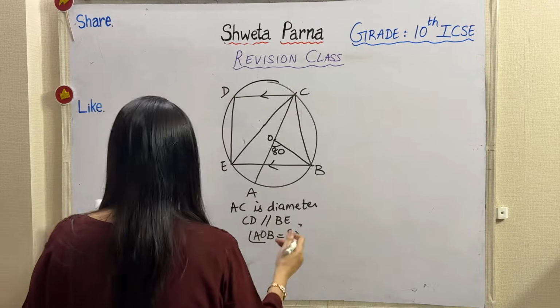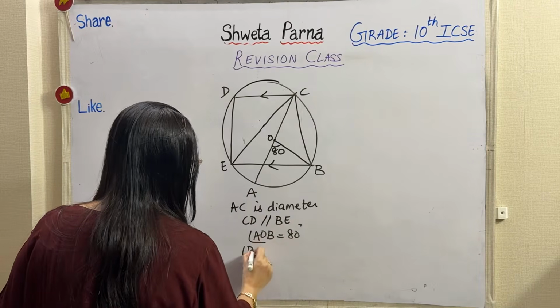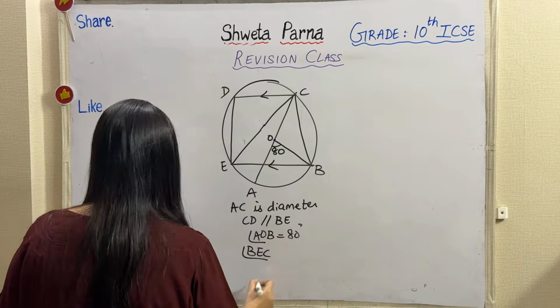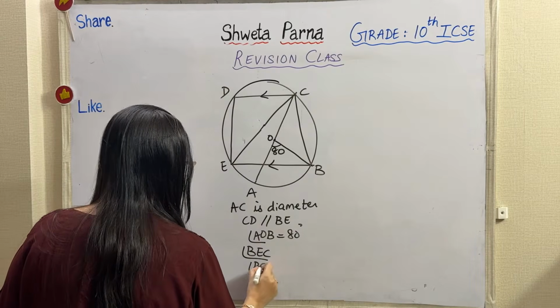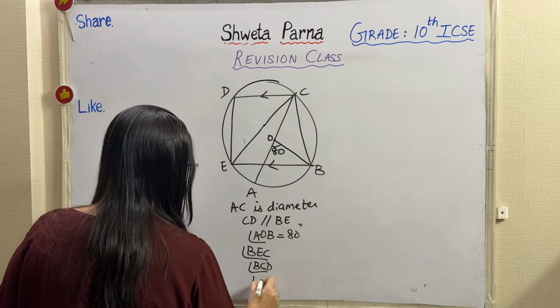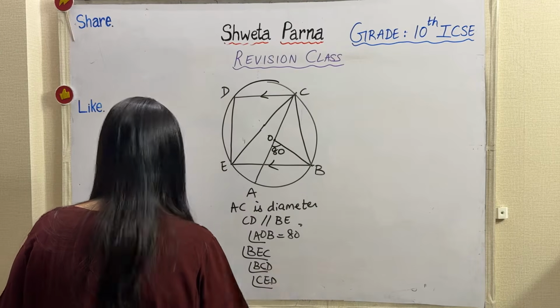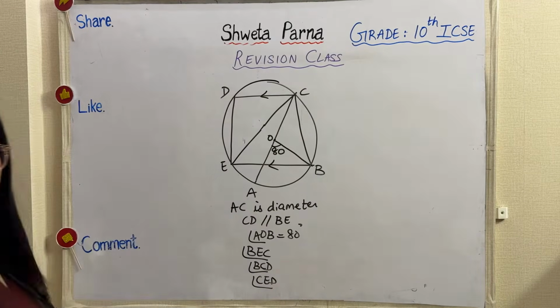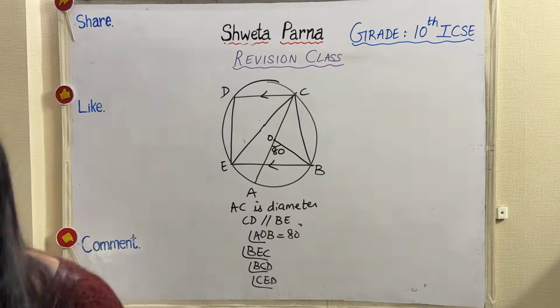What you are supposed to find? You are going to find the measure of angle BEC, the measure of angle BCD, and the measure of angle CED. These three angles. Come on, solve this and send the answer to me on chat.